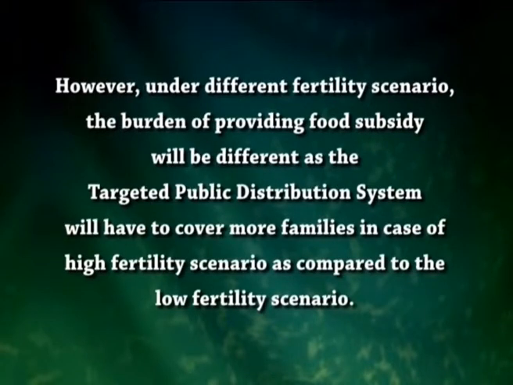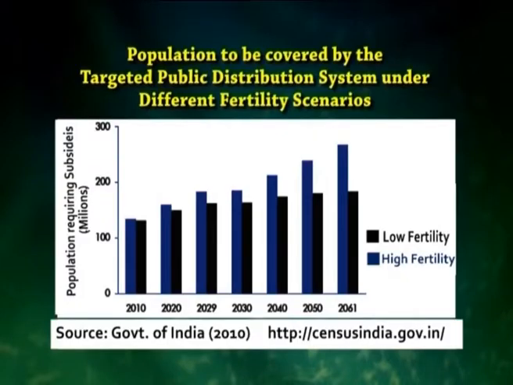However, under different fertility scenarios, the burden of providing food subsidy will be different, as the targeted public distribution system will have to cover more families in case of high fertility scenario as compared to the low fertility scenario. This can be observed from this figure.